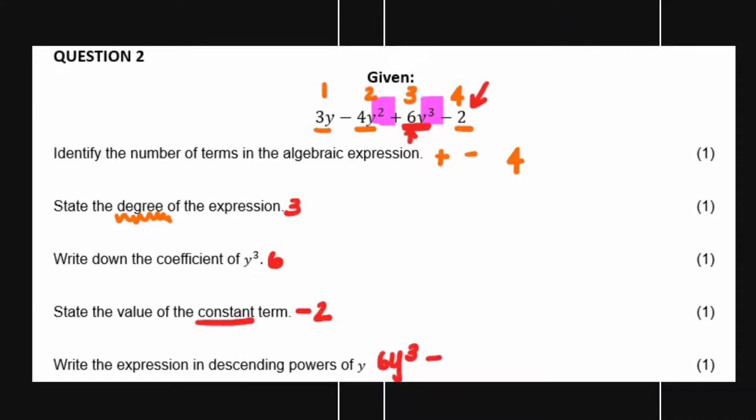The next term would be negative 4y squared. Thereafter, we would have positive 3y. And remember that even though we do not write down the exponent if it's a 1, y has the exponent of 1 with it. Hereafter, what is left would be the constant term, which is negative 2.